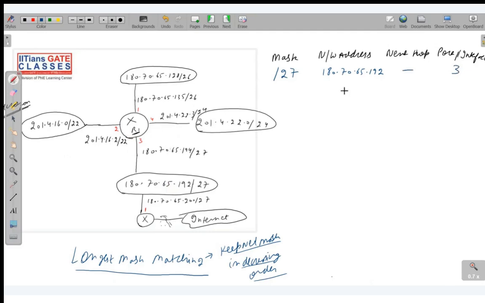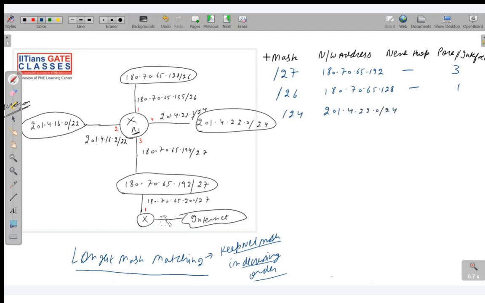Next entry, very simple. Next is slash 26. This is the second largest, so I will keep 180.70.65.128. Next hop is dash, and port is 1. Next is slash 24, 201.4.22.0.